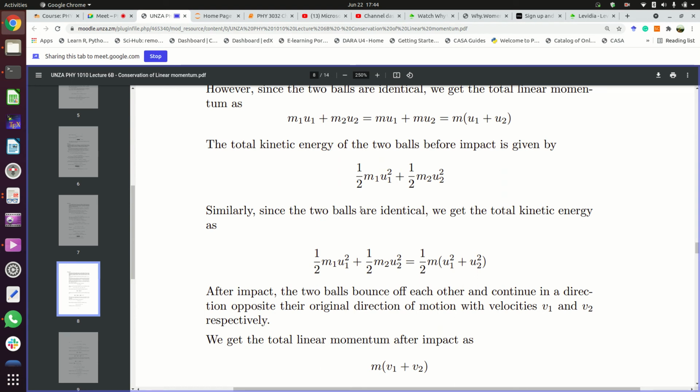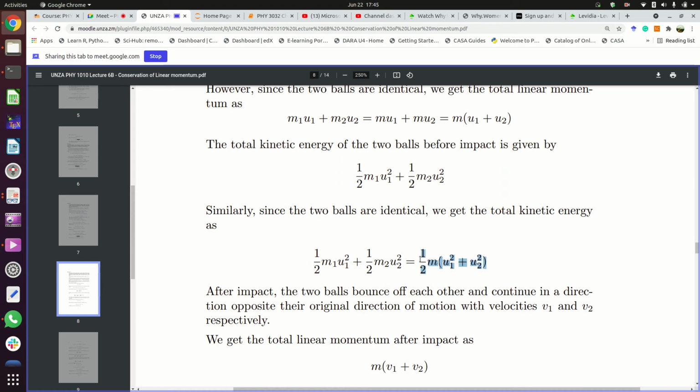Now we know that the masses are the same. So if m1 equals m2, we can obtain a simplified version of this expression. That becomes half m, times u1 squared plus u2 squared. The m, which is the same, we can just factor out along with the half. So this is the total kinetic energy before these two balls collide.